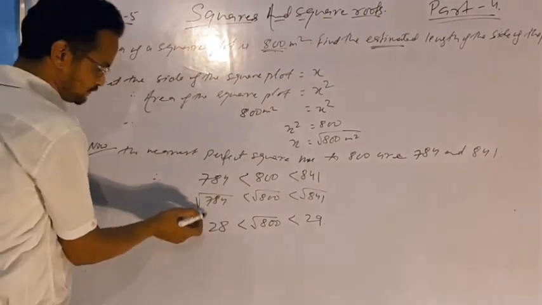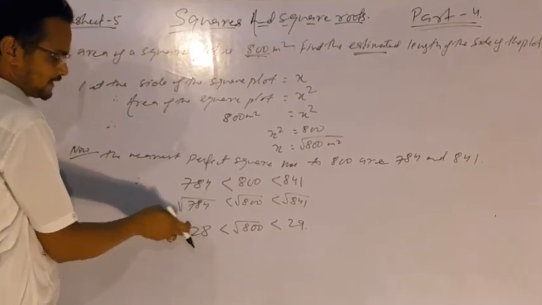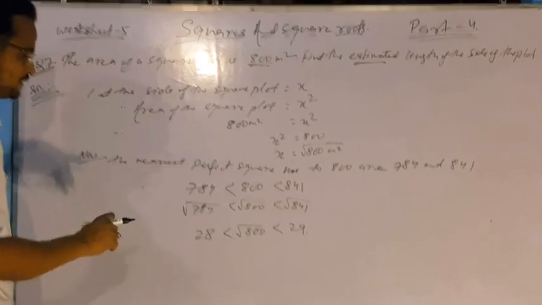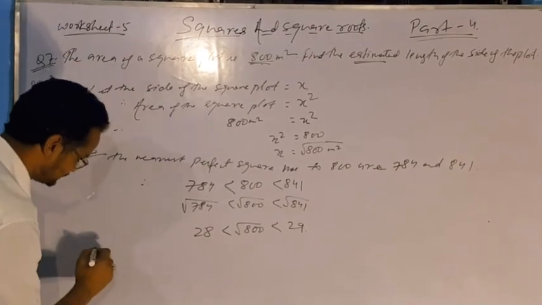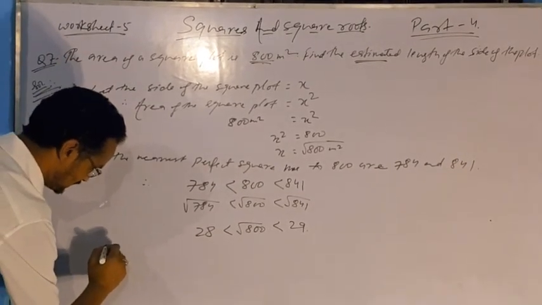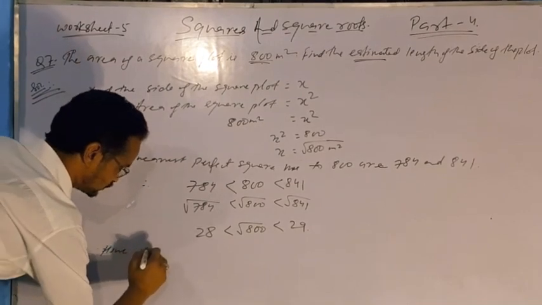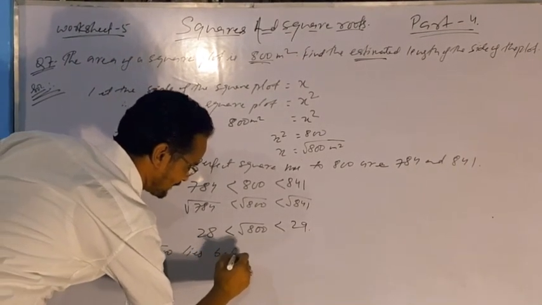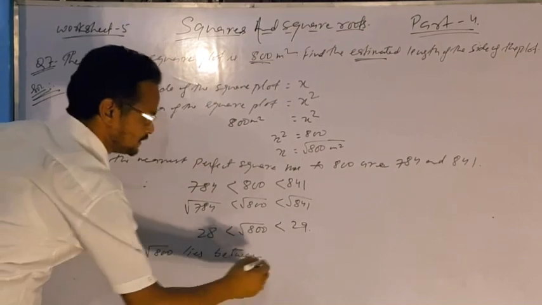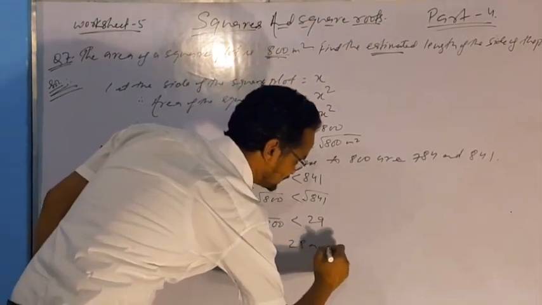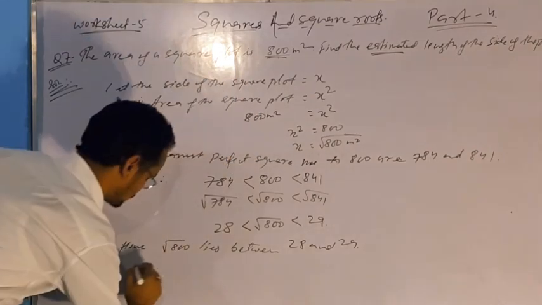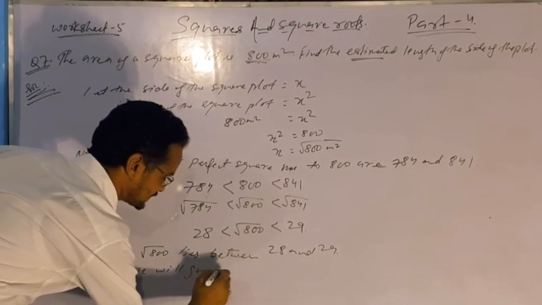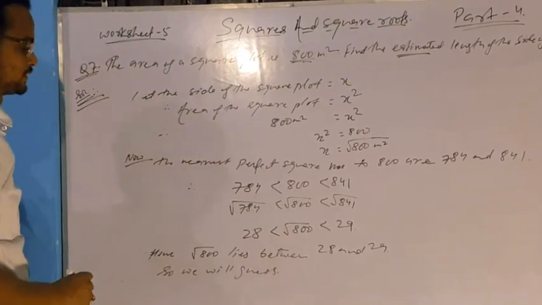We can find the square root of that number by long division method also, or prime factorization method. Hence, root 800 lies between 28 and 29. So we will guess as in the previous questions.